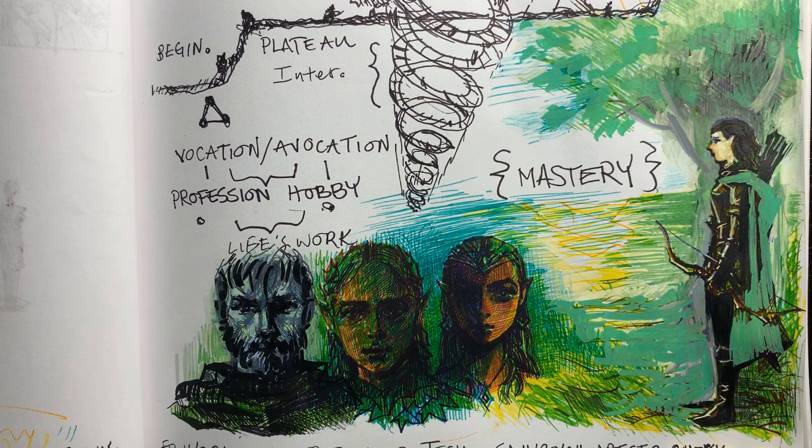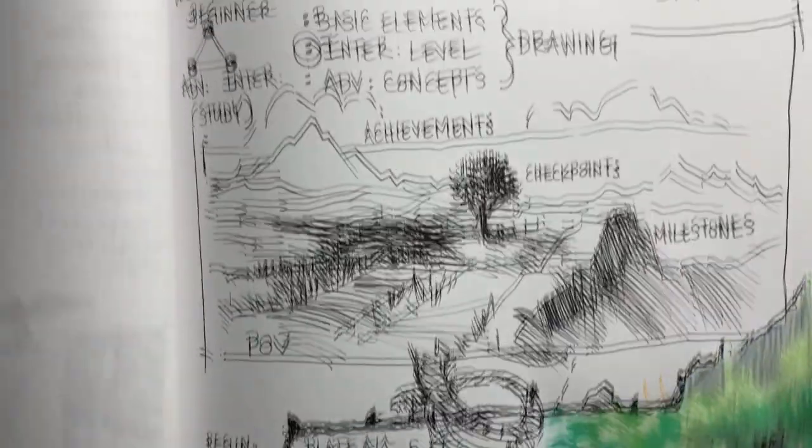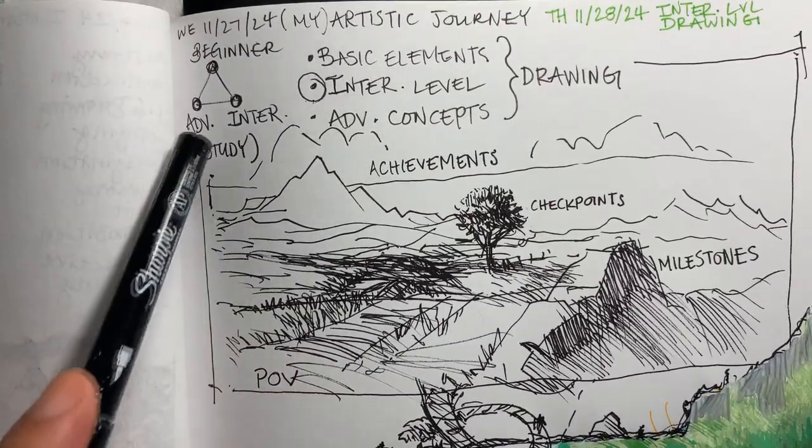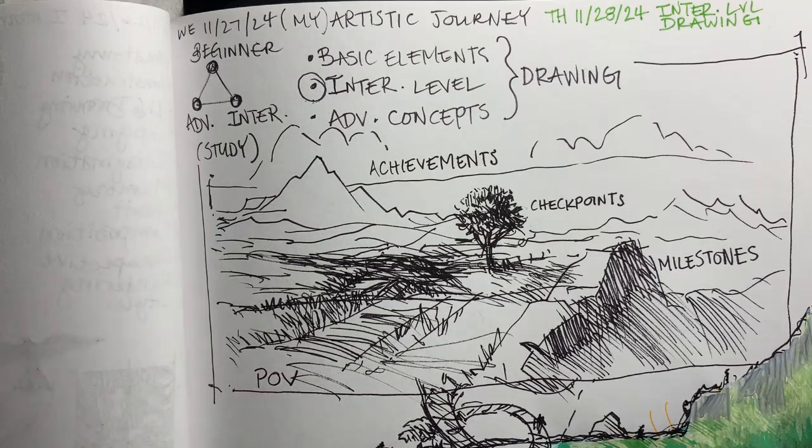So this week has been about the artistic journey and basically what it means to be a beginner, intermediate, and advanced artist, the skills involved and different concepts. There was a video about the basic elements of drawing.